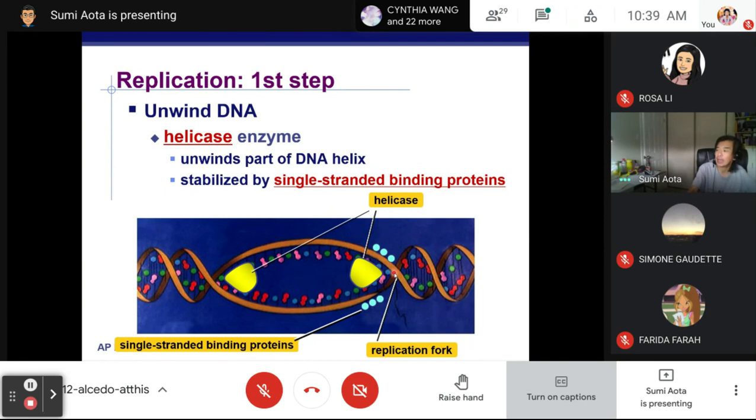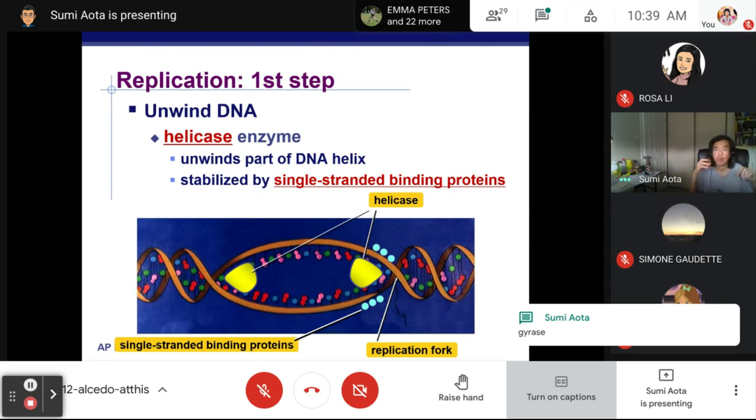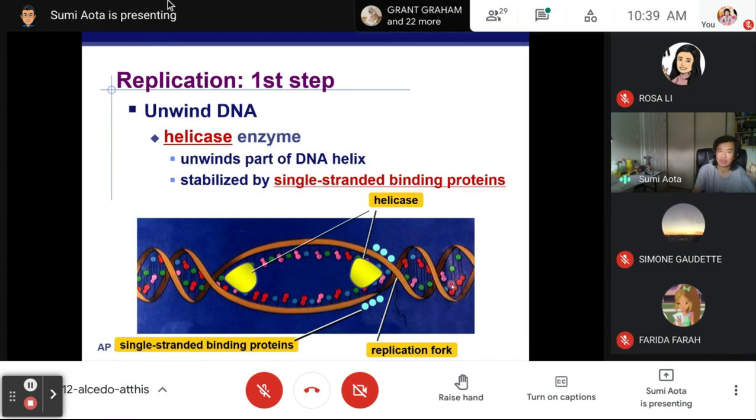One enzyme that I haven't shown here, which would usually travel ahead of the helicase, is one that's called gyrase. What gyrase does is it prevents knotting of the DNA. What do I mean? If you have a long braided rope and you start unwinding the rope in the middle, what's going to form at your two ends of the rope? Well, it's going to get all knotted up because of the tension.